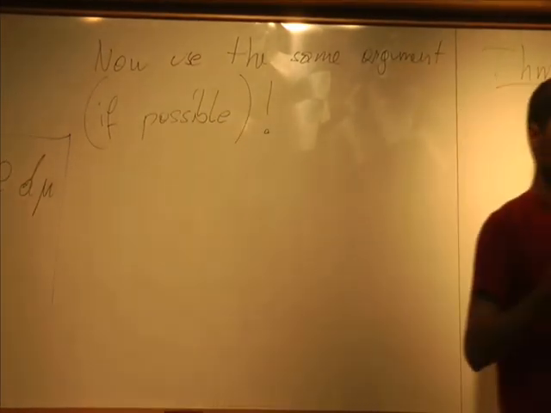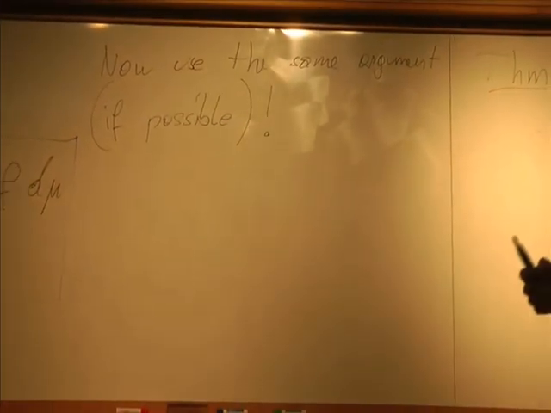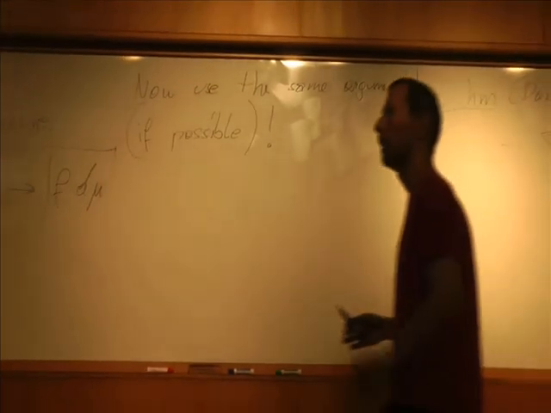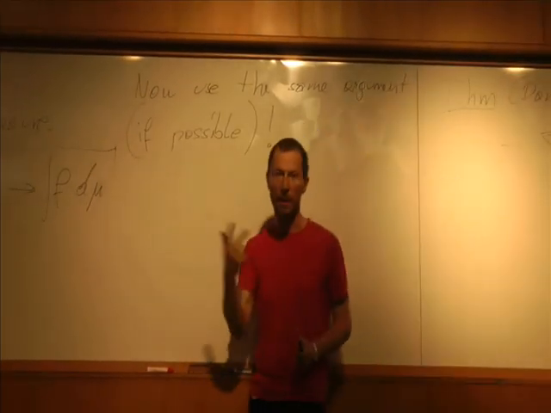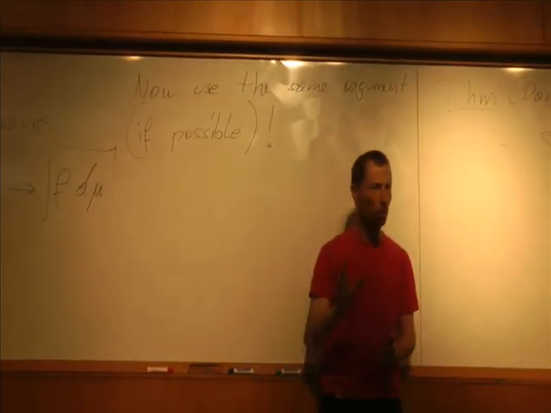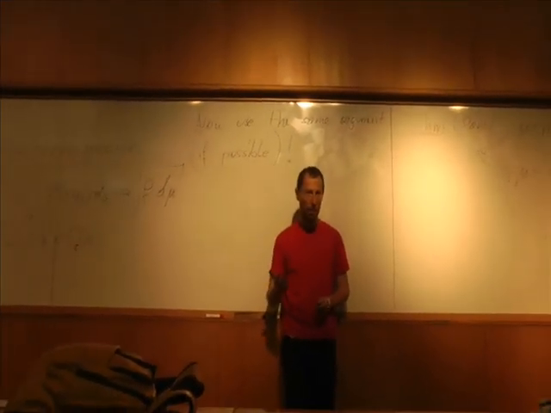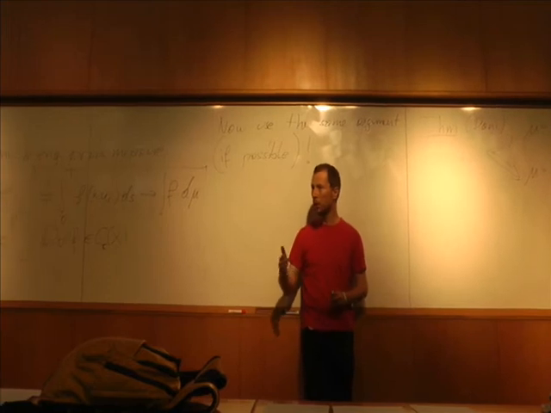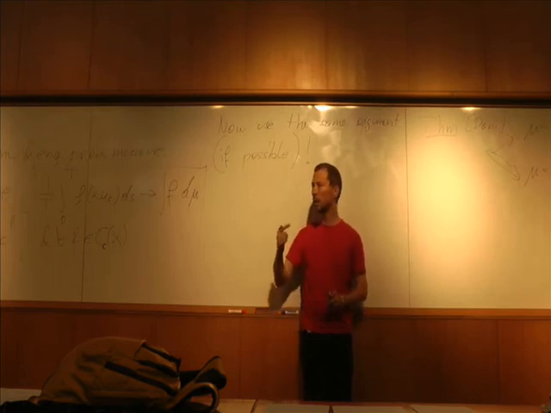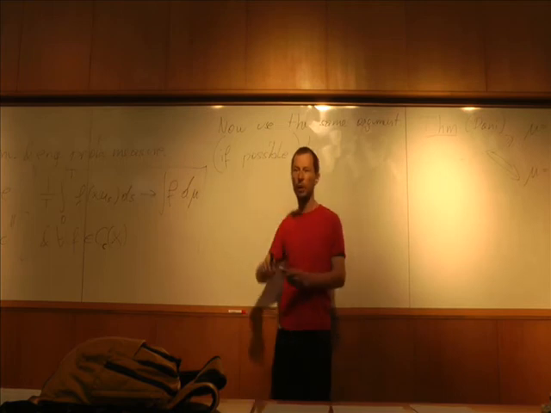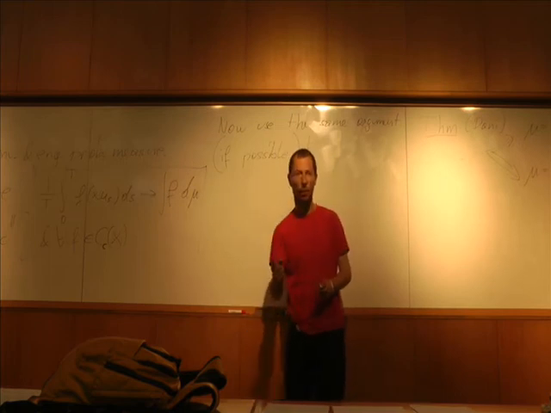When is it possible to use the same argument? We needed the compactness. It's definitely true that we need the compactness. But maybe for certain points the argument can still go through. We need points that don't just go out to infinity under the geodesic flow.